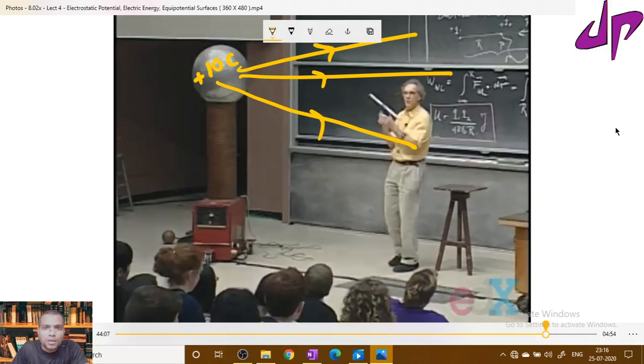Suppose we keep a fluorescent lamp within this electric field, depending upon the location. If you keep the fluorescent lamp like this, then at the two ends obviously a potential difference exists.